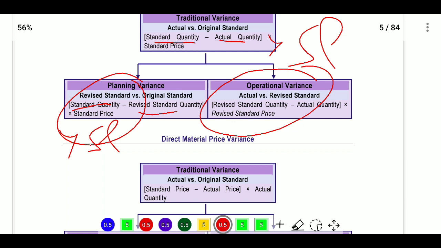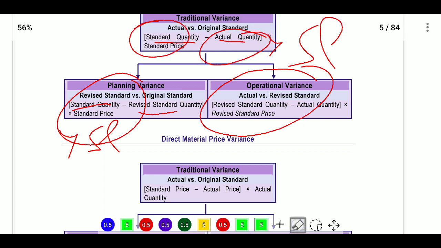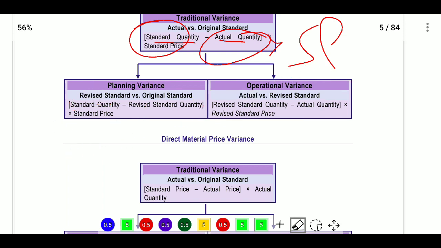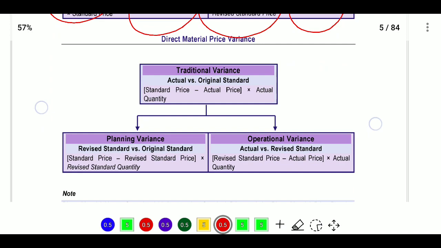First we will take standard. We will prepare the standard first, so that the actual arises after. Here also the same: first we prepare the original standard, and then the revised, based on available information, and then the actual quantity.